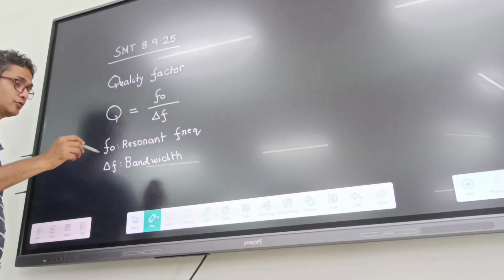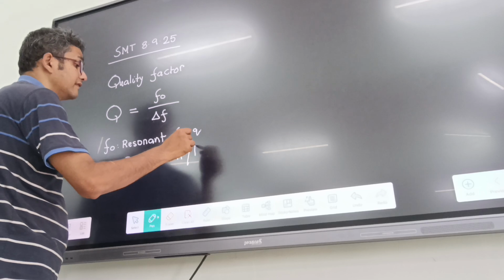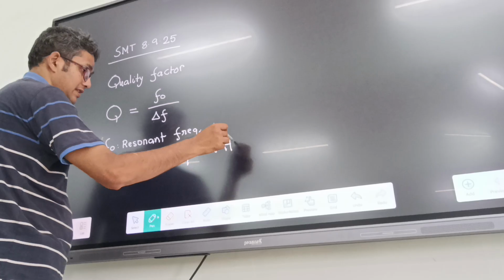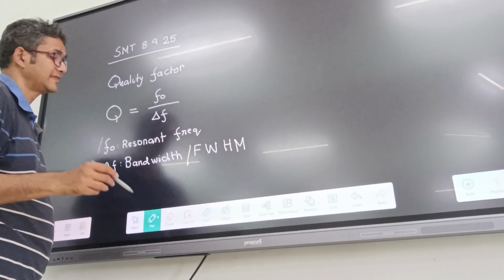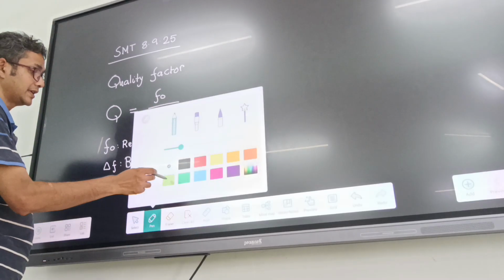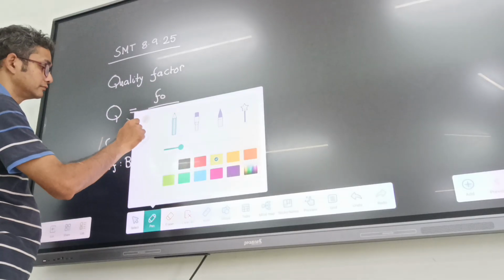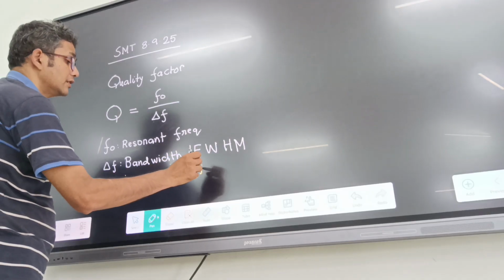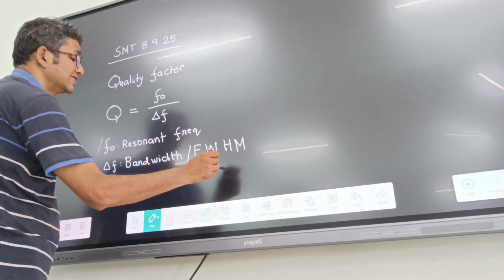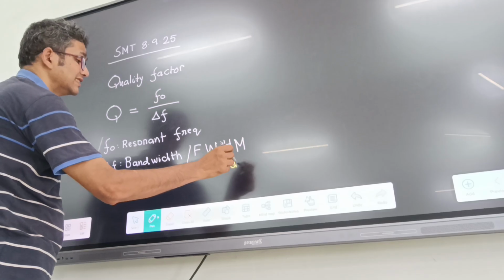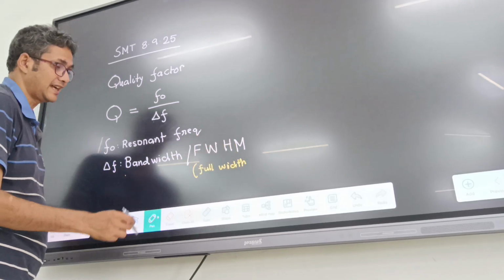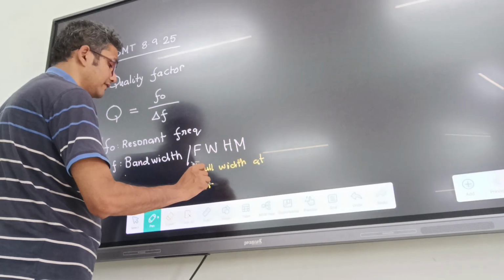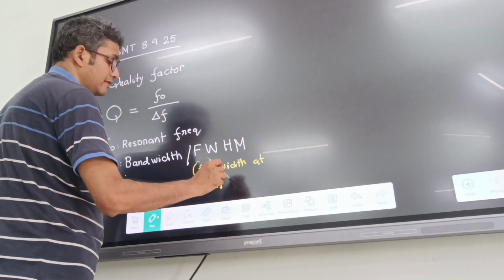Or it is also known as FWHM, where FWHM stands for full width at half maximum.